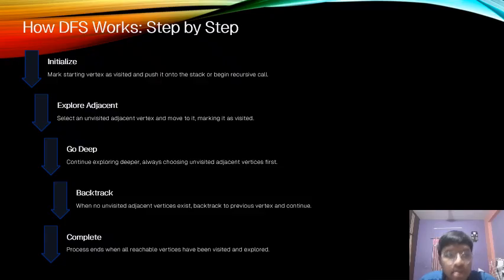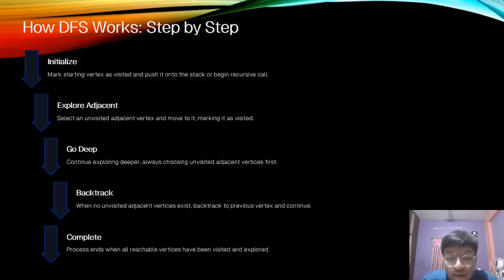So let's see what this is. Mark the starting vertex as visited and push it to the stack. Select an unvisited adjacent vertex and mark it as visited. Continue exploring deeper, always choosing an unvisited adjacent vertex.